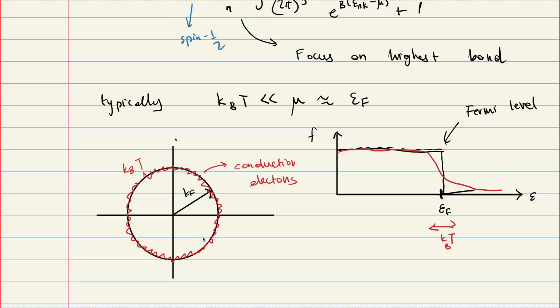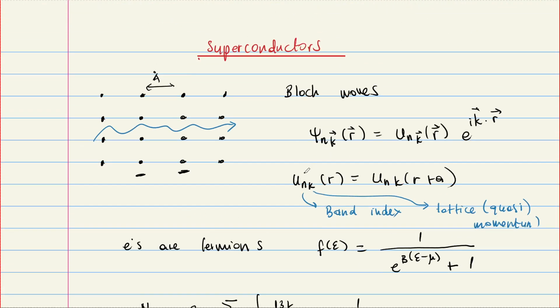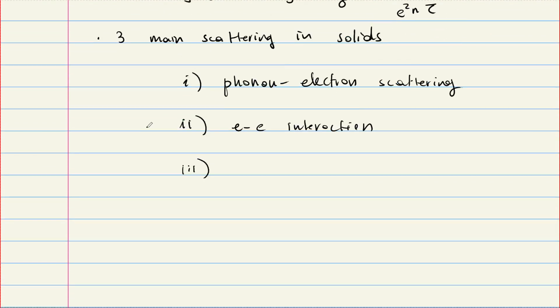You can have this periodic lattice, and every once in a while you may have a lattice vacancy, or maybe a foreign atom, or maybe some line dislocation. There could be all kinds of impurities, and we package them under the name impurity scattering.